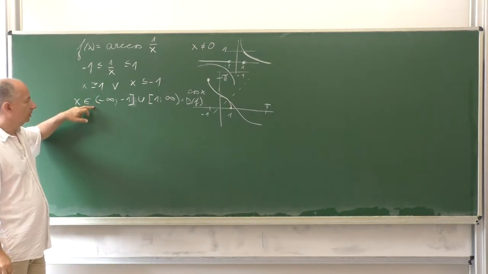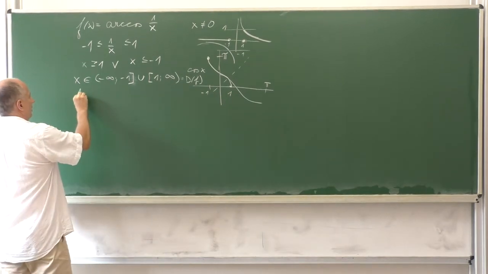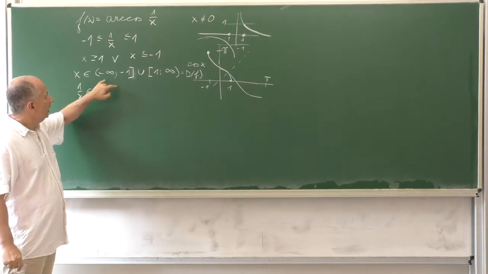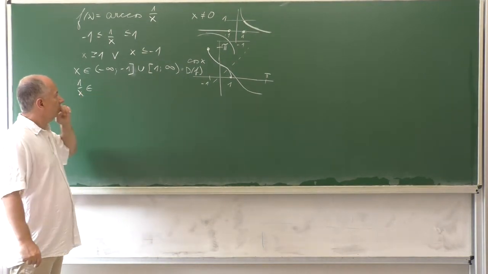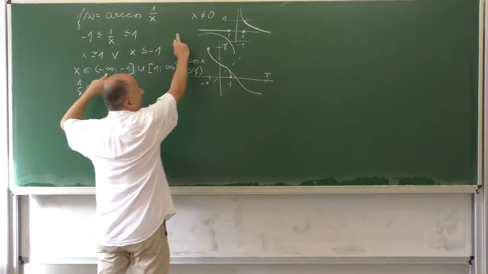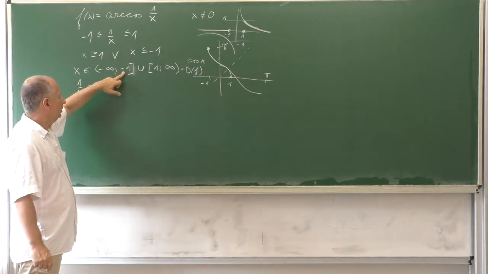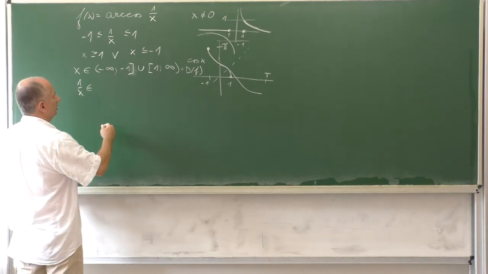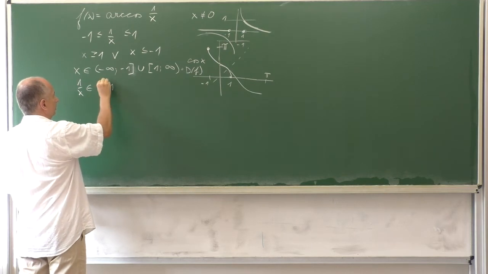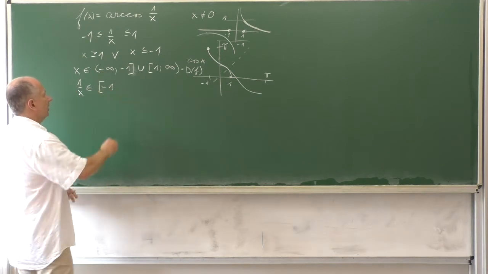And what about the range? If x is in this domain, then 1 over x will be easy to find from these points. For negative x, 1 over x is decreasing, so the maximum input results in the minimum output, and minimum input results in the maximum output.